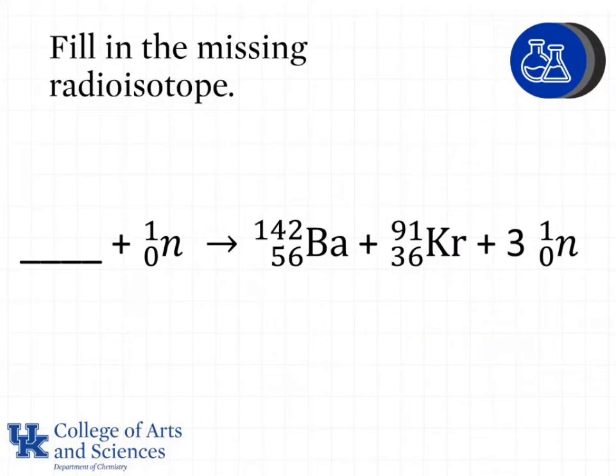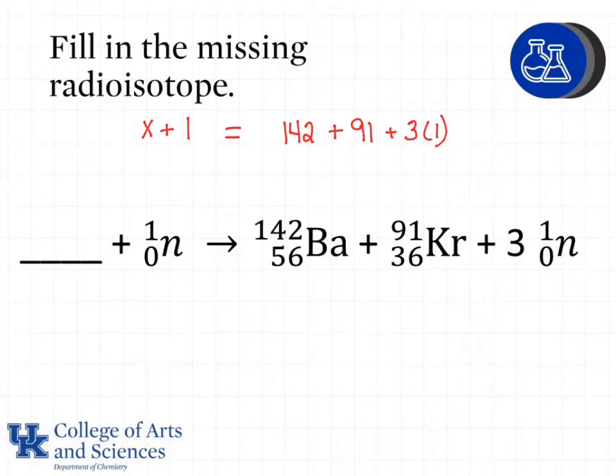Now we want to fill in the missing radioisotope. In this case, our unknown particle is on the left, but we still take the same approach to solving the problem. We have our unknown x plus 1, which is equal to 142 plus 91 plus 3 times 1.